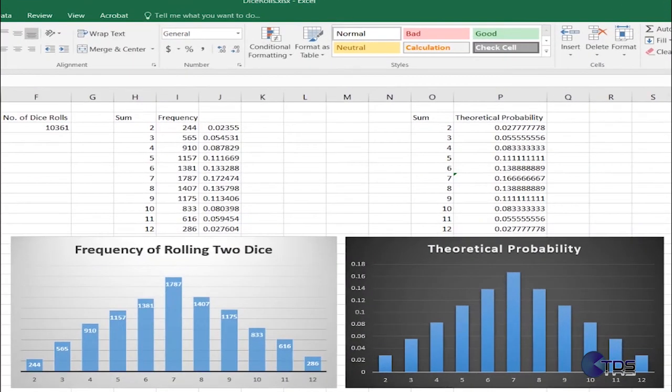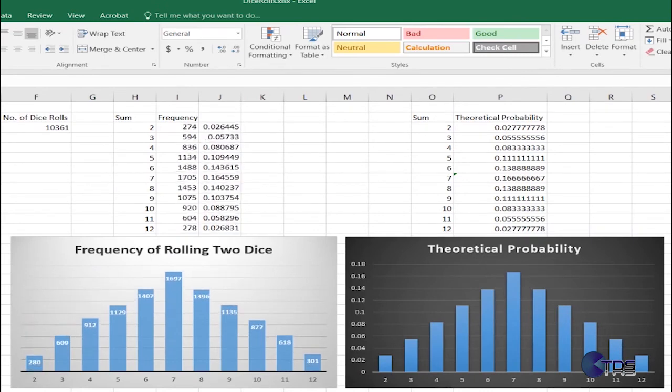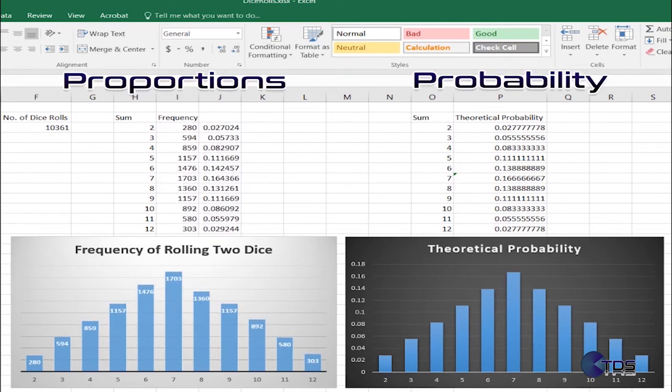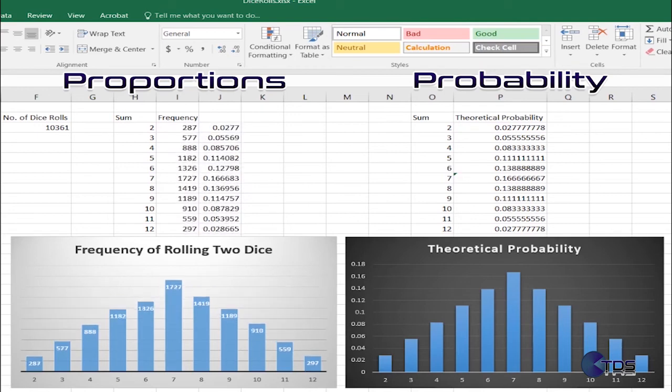Now all of a sudden, it's starting to look more like what I would expect, the theoretical probability. What I'm seeing is the more I have in my sample, the more it starts to look like the population.